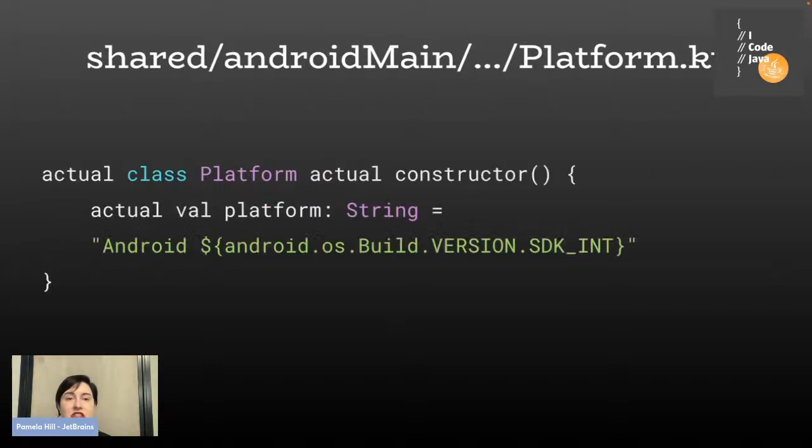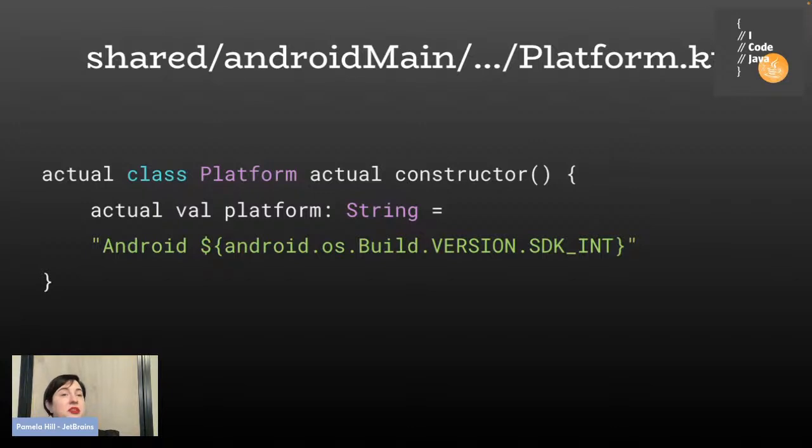Okay, let's have a look at AndroidMain first. So we're looking at the corresponding class to that platform class in commonMain. We're looking at platform class in AndroidMain. And it has a matching platform called platform. Okay, and we're assigning Android and then this long string interpolation that is basically the SDK version of the Android device that you're running on.